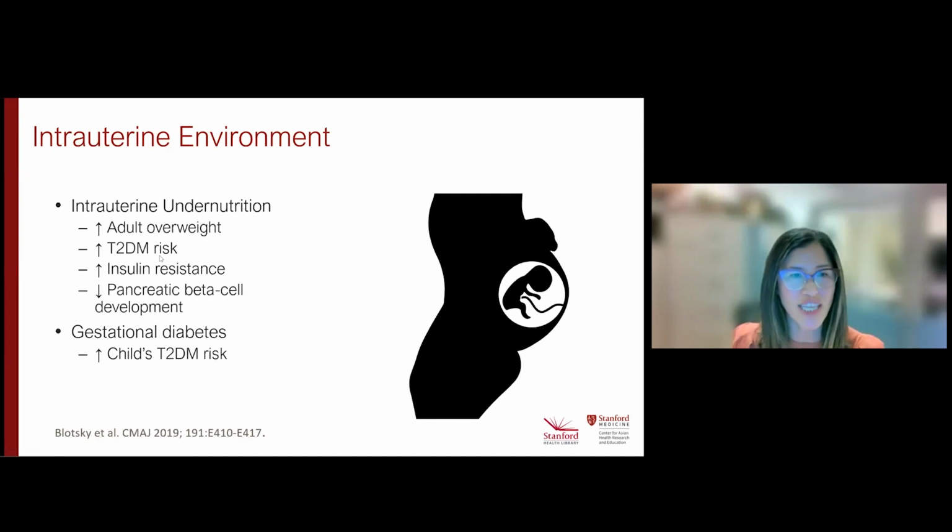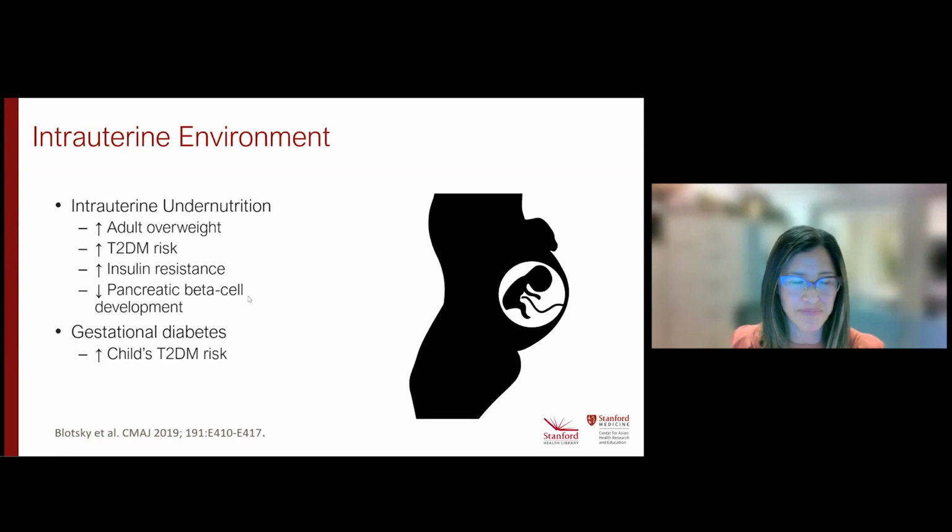Remember when we were starting out that the two pathophysiologic changes that occur in individuals with diabetes are insulin resistance and decreased insulin secretion. This intrauterine undernutrition could lead to increased insulin resistance and maybe also decreased pancreatic beta cell development so that you are less able to produce insulin.